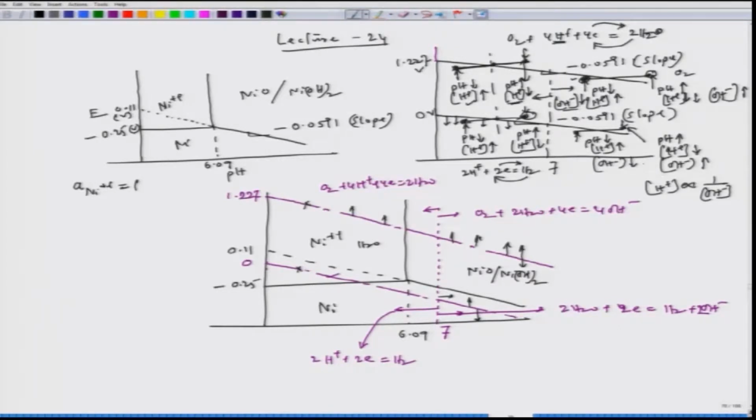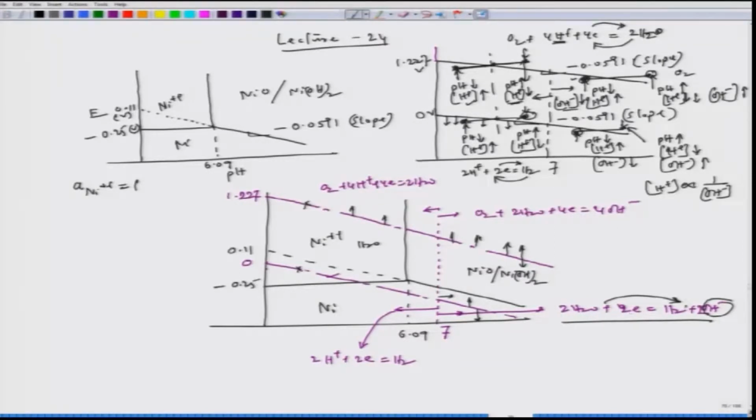Now, if I take these things in this particular equation, at this point first, the OH minus concentration is less. So, in order to maintain that concentration, the reaction should go on the right side.